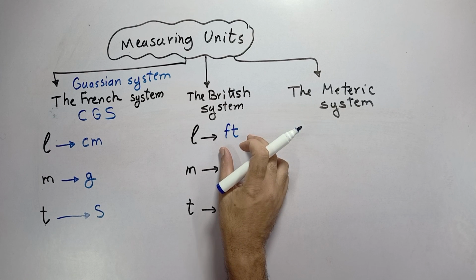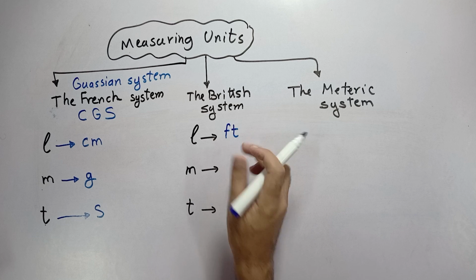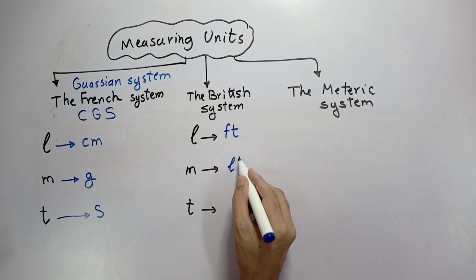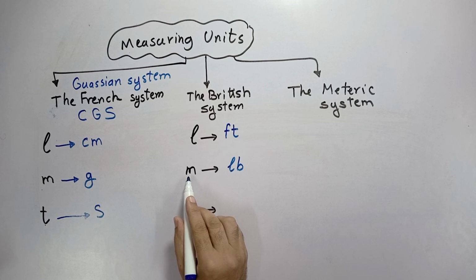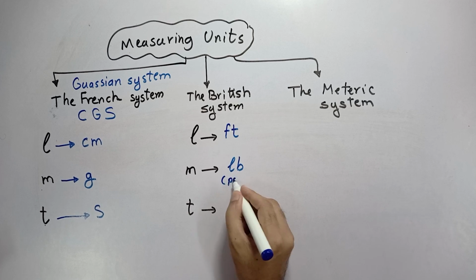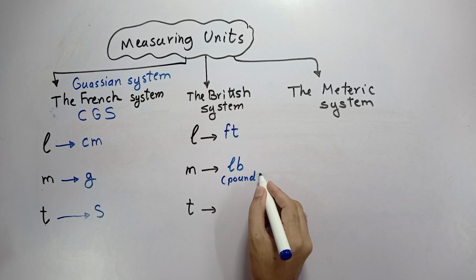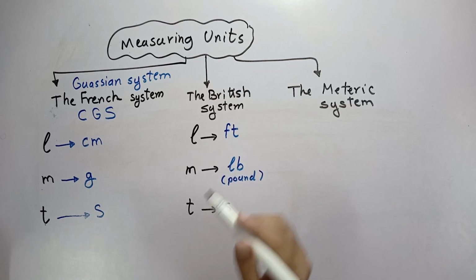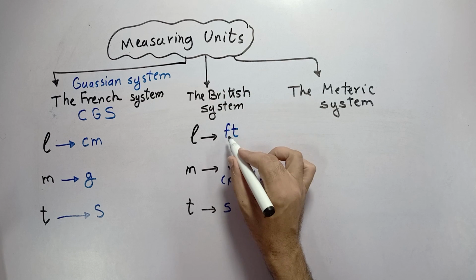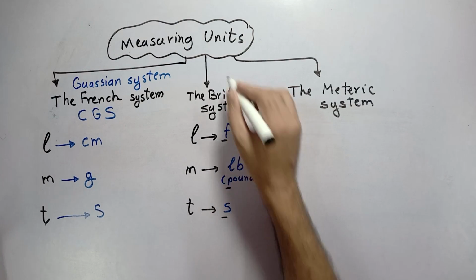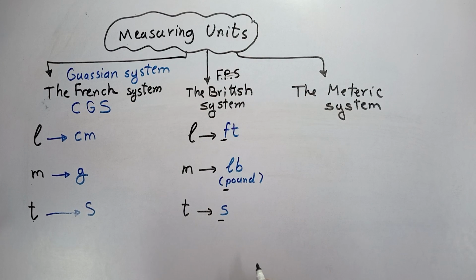Foot for length, pound for mass, lb, but we call it pound. For time, they use second, s. We can call it FPS, okay? Like the CGS.